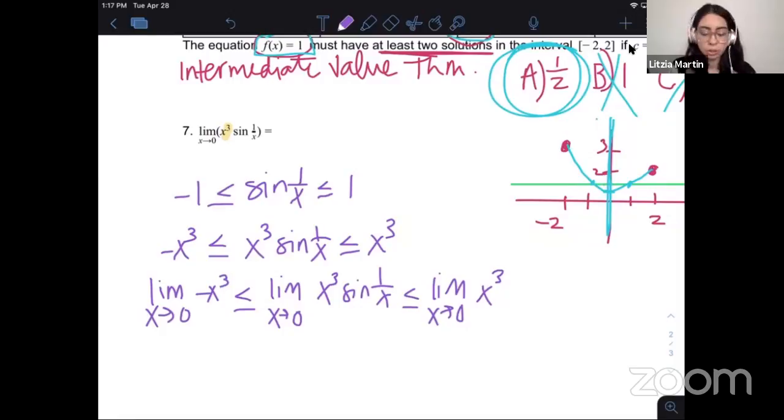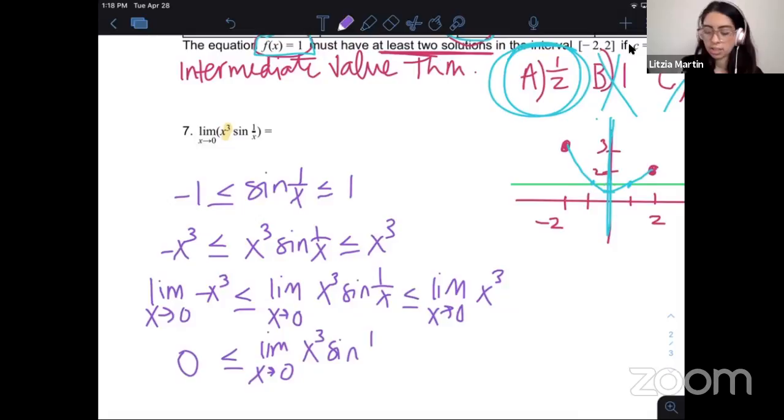I do direct substitution on the left side, so the limit as x goes to 0 of -x cubed. That's going to equal 0. This middle one is the one that we are still trying to solve because we can't do it using direct substitution.